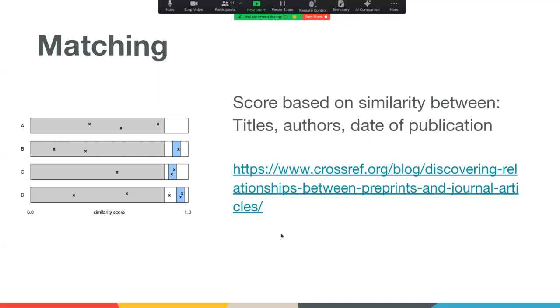We've compared a few different strategies for linking articles and preprints. One of those is what we call the heuristic strategy, which calculates a score for the similarity between the titles, the authors, and the date of publication for the preprint candidates and the article, and then comes up with a score, and we can put some thresholding on that.